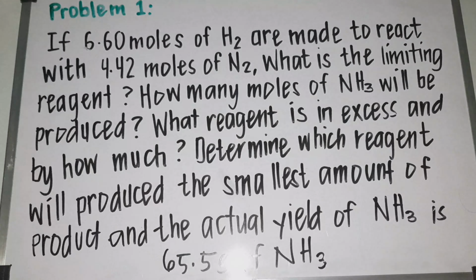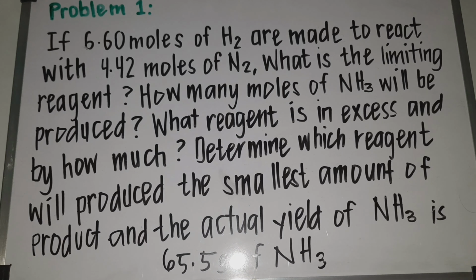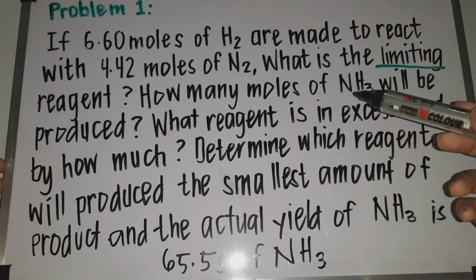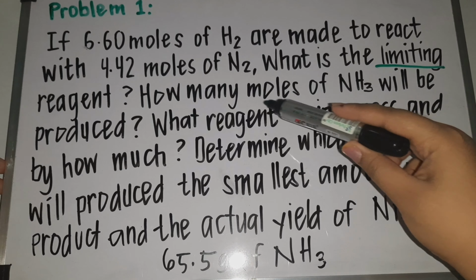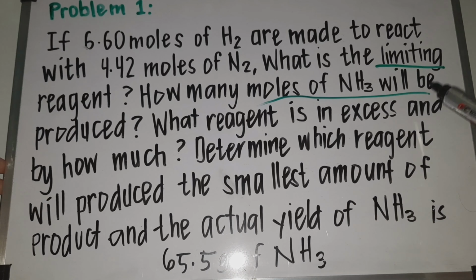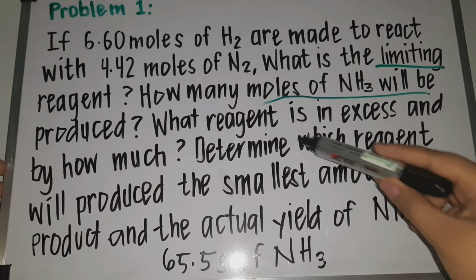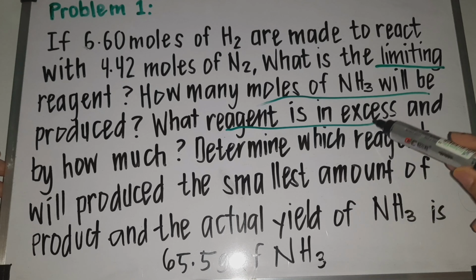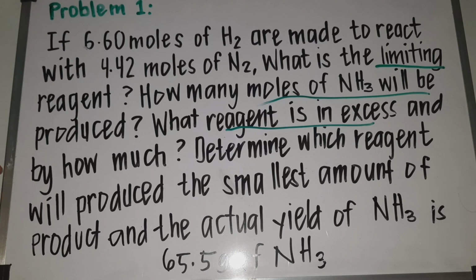In problem number 1, we are tasked to find the limiting reagent, and then we are going to find the number of moles of NH3 to produce, and then the excess reagent.